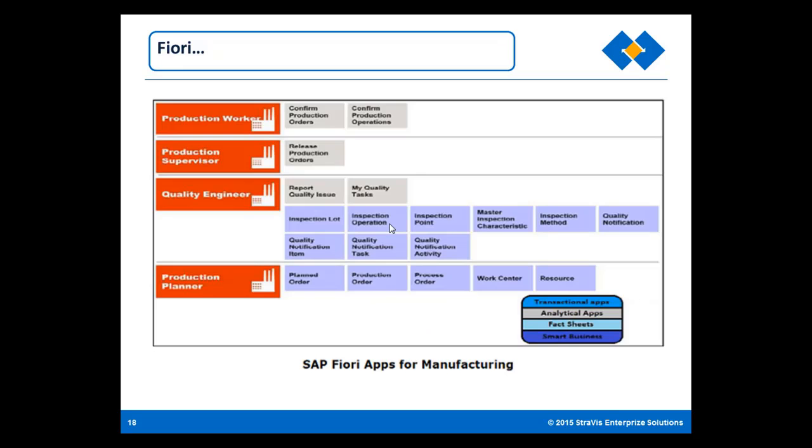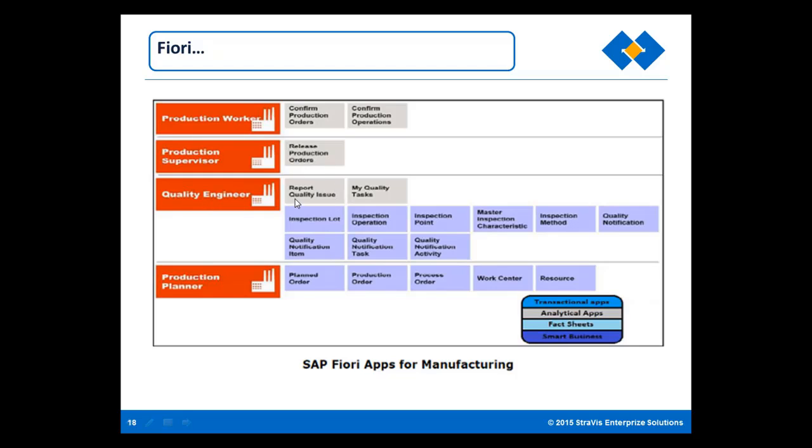And this is just an overview of what apps are available in the plan to produce manufacturing area. Fiori apps for manufacturing you can have at production worker level, like confirm production orders, confirm production operations. At production supervisor level, you have release production orders.